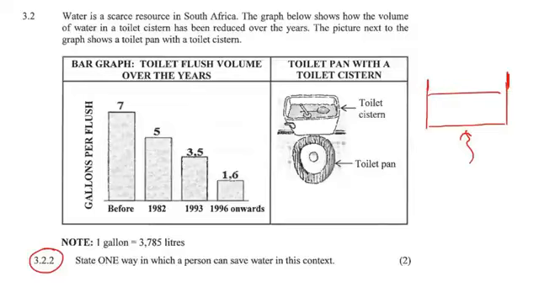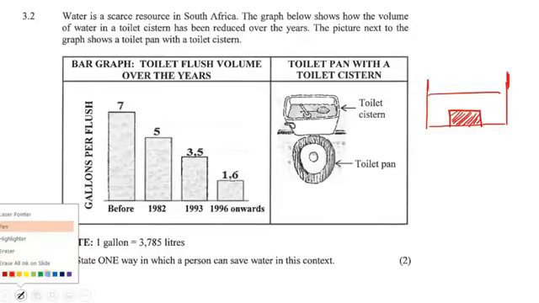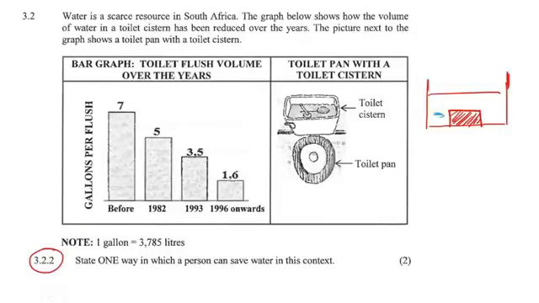Okay, so one way that we could do this, what some people do, is you take a brick. You literally go take a brick and you just put it in the bottom of the cistern like that. Now, you might be wondering, Kevin, how does that help? Well, let me explain. That brick takes up volume, okay? So what happens is that the water now starts filling up over there, and over there, and over there.